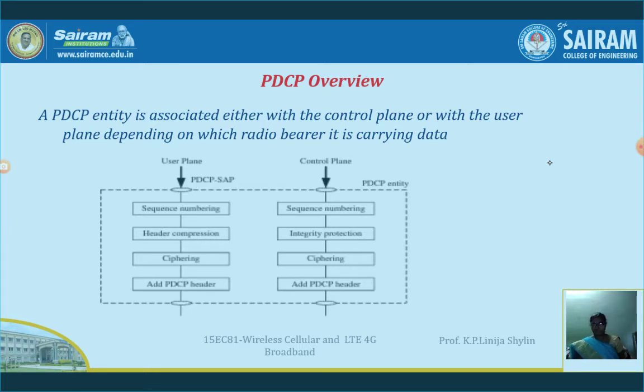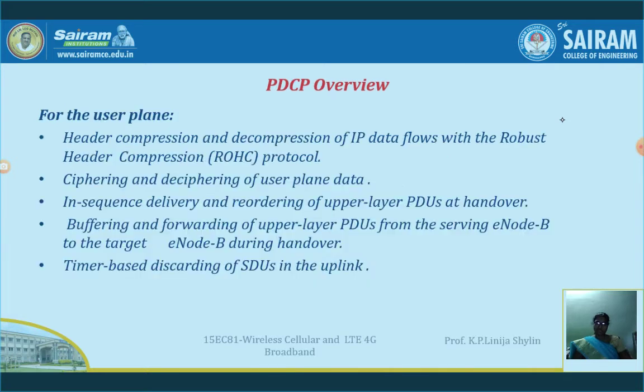Now, header compression, in-sequence delivery and reordering of upper layer PDUs at handover. The header compression and decompression of Internet Protocol will be controlled by ROHC, which is robust header compression.